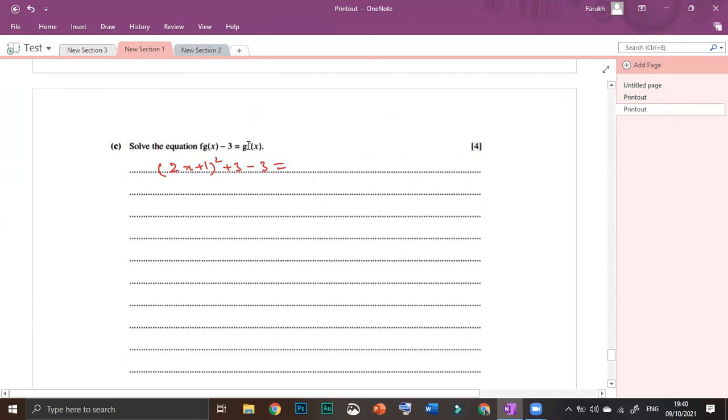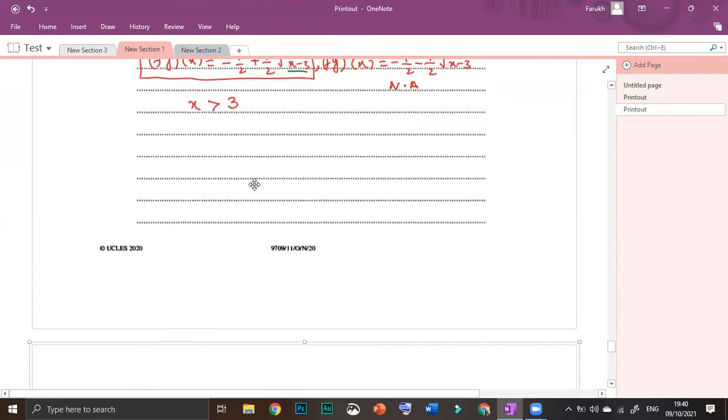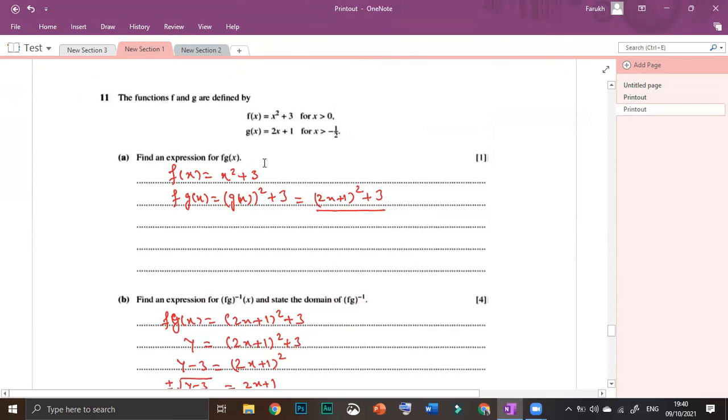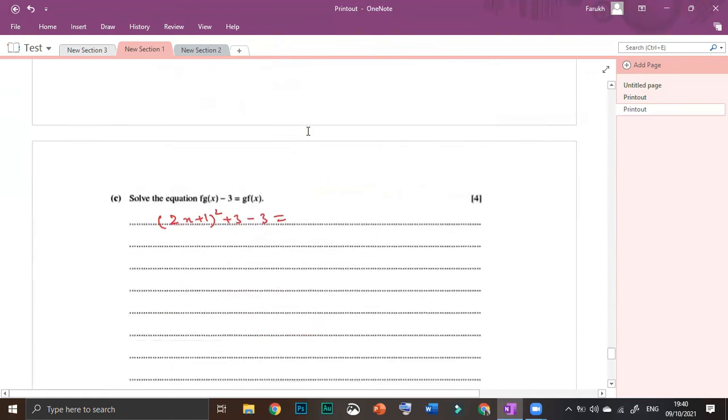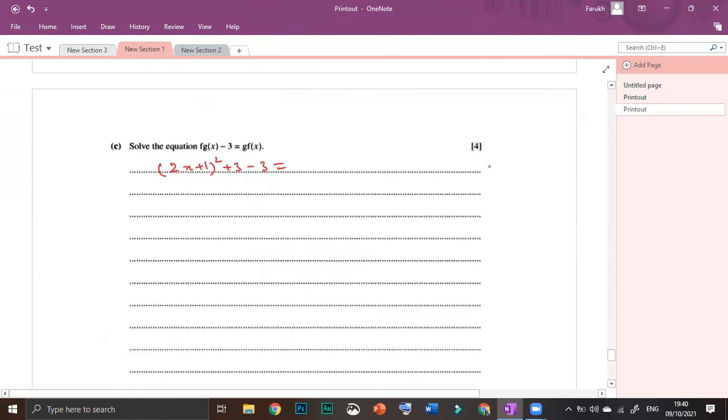We will put f of x in g. We will replace this x with f of x. We want to find gf of x. G of x is equal to 2x plus 1.